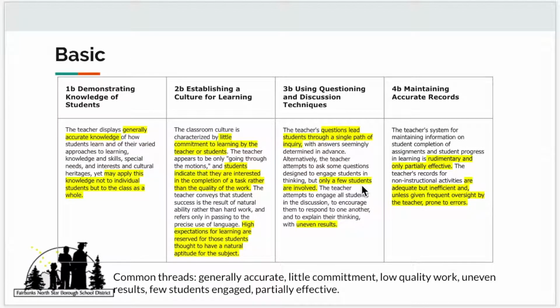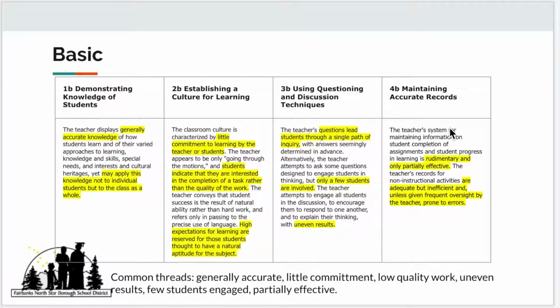Only a few students are involved, and students apply their knowledge with uneven results. The teacher's record-keeping system is rudimentary and only partially effective, and it can be inefficient and prone to errors. Common threads include generally accurate, little commitment, low quality work, uneven results, few engaged students, and partially effective.